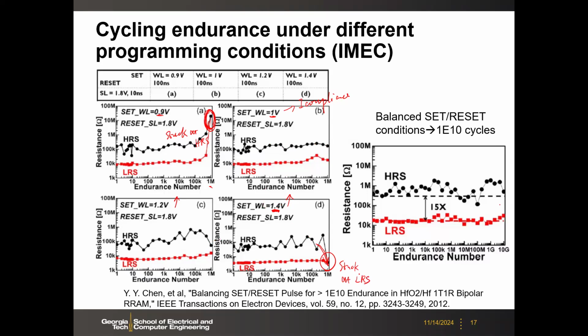Because the set is too strong. That means we have to balance the set and reset condition. For example, here IMEC demonstrated a balanced set and reset condition, so you can keep cycling even to 10^10 cycles in this case, while maintaining this on-off ratio. So if your programming condition is well designed, then you can help improve the endurance.